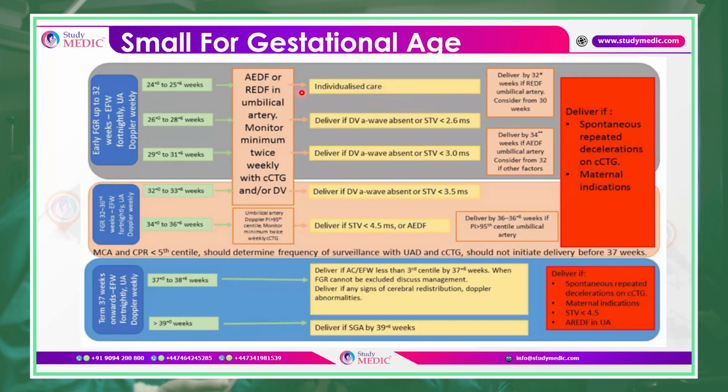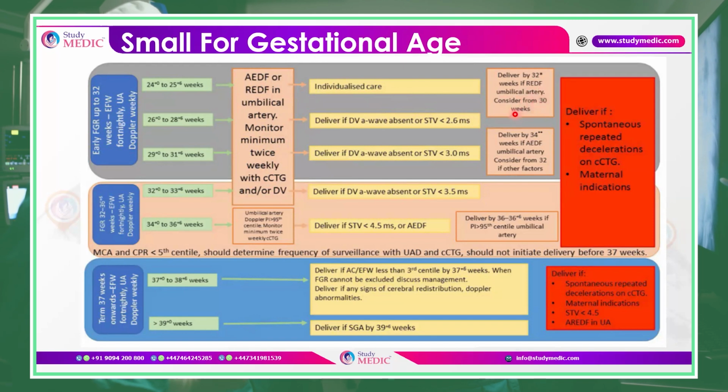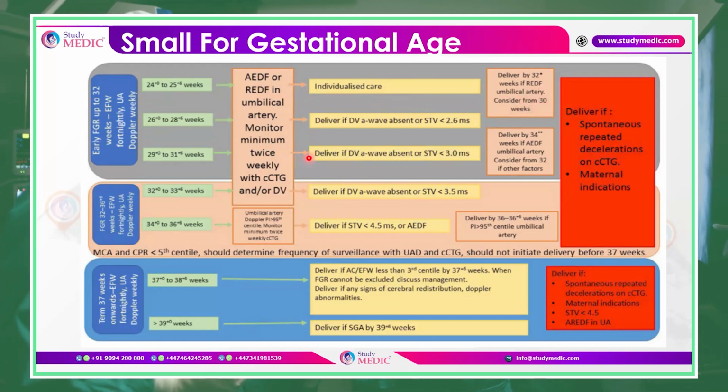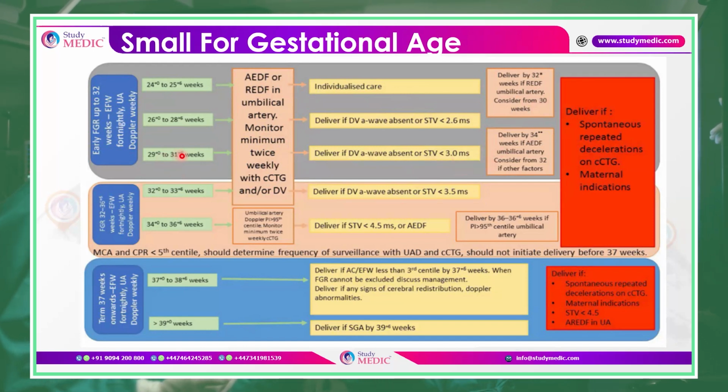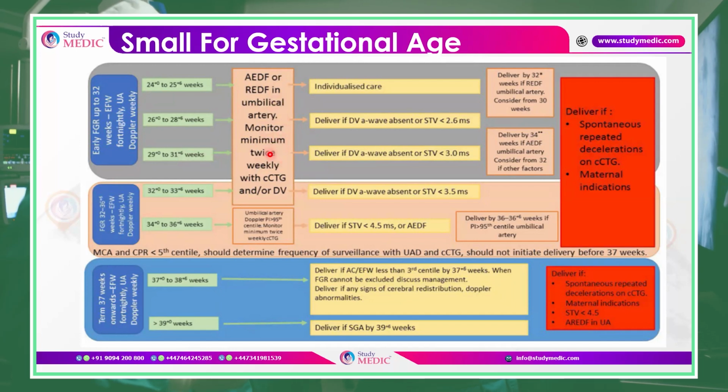We will deliver by 32 weeks if there is reversed end diastolic flow in the umbilical artery; we can consider from 30 weeks onwards. If the gestational age is 29 to 31 plus 6 weeks, we will keep monitoring and follow the Doppler, ductus venosus Doppler and CTG.